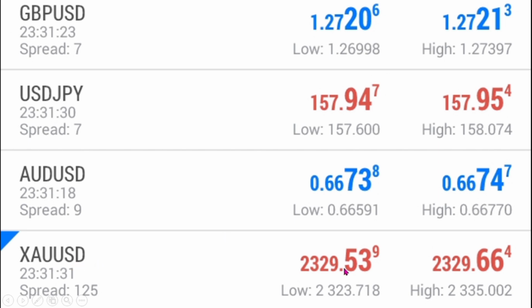So you see how price is represented for gold is different from Aussie dollar, and it is different from USD Japanese yen, as well as GBP USD. So for each currency pair we are dealing with, we have a way of calculating its pip, but generally it follows the rule of the fourth decimal place.